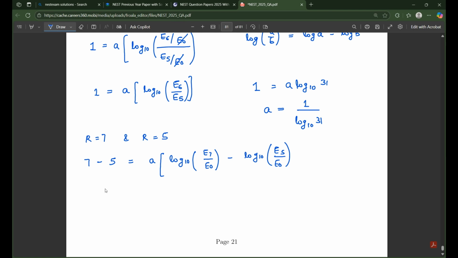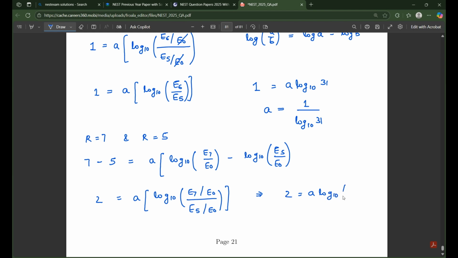Similarly, using the property again, on the LHS we get 2, and on the RHS we have log 10 of E7 by E naught upon E5 by E naught, which is 2 is equal to A times log 10 E7 by E5.